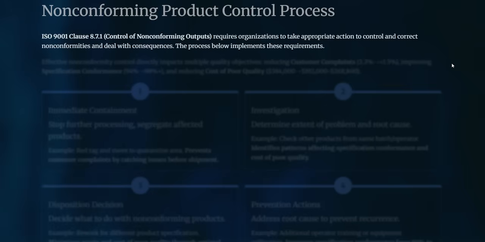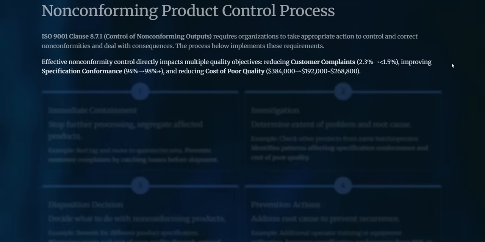So, this process below will implement these requirements. Effective nonconformity control directly impacts multiple quality objectives, including reducing customer complaints, improving specifications conformance, and reducing cost of poor quality, which we set respectively.